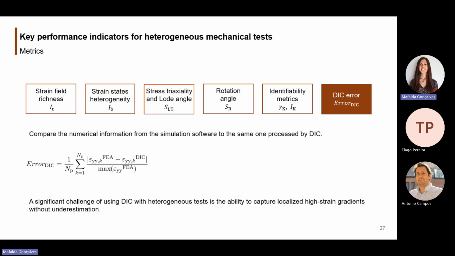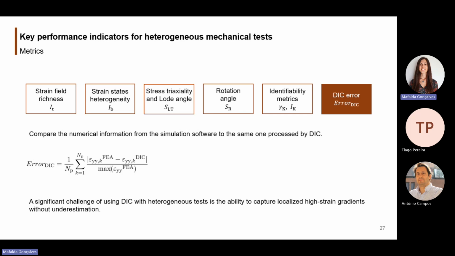The last metric checks for the capacity of the test to generate mechanical fields that can be extracted by digital image correlation. The potential of the test is only exploited if this full-field data can be used in inverse identification procedures. And we know that a significant challenge of using DIC with the heterogeneous test is the ability to capture the localized high-strain gradients without underestimating them.